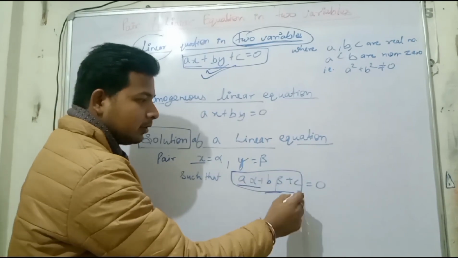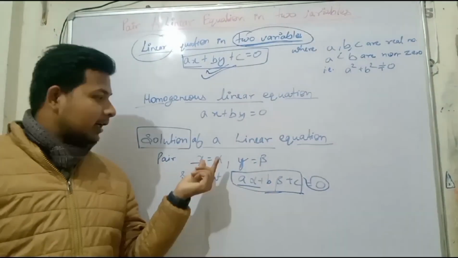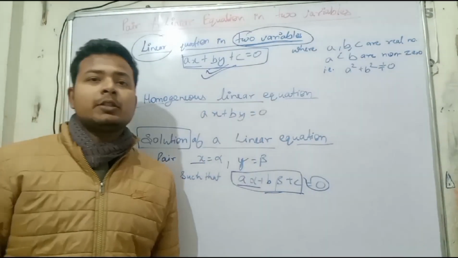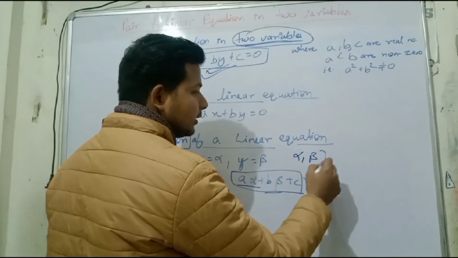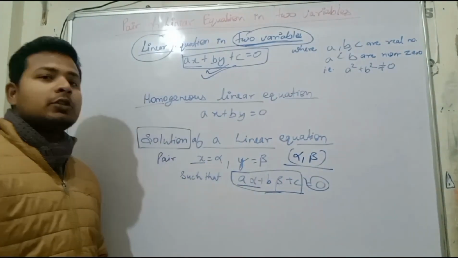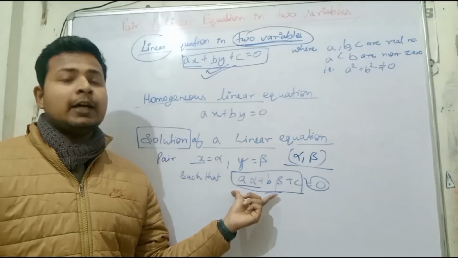If this value becomes 0, at that time we can say that alpha and beta are the solution of this equation, or generally we will write alpha comma beta like this as the solution of this linear equation.